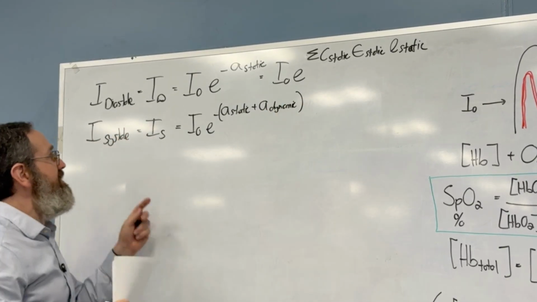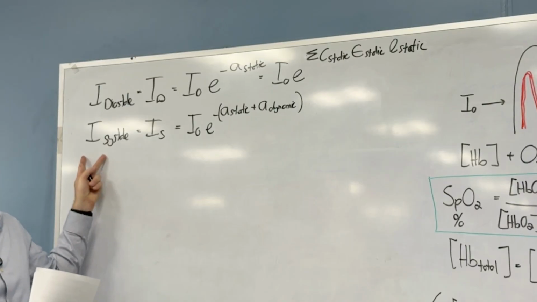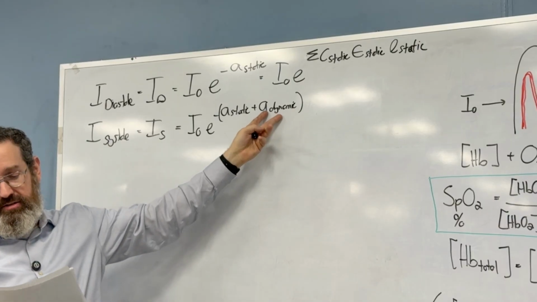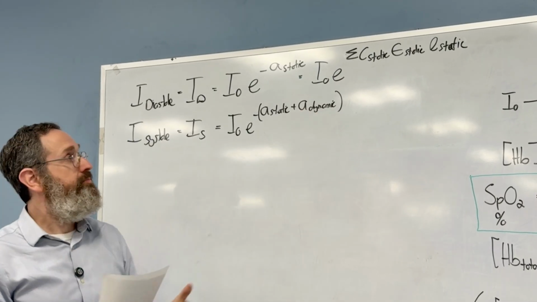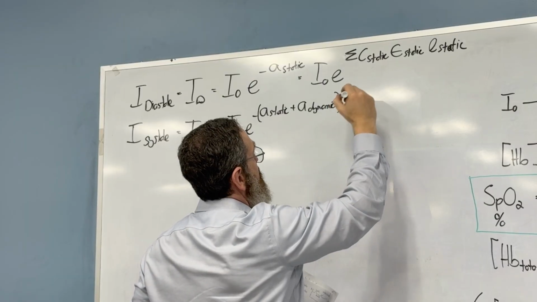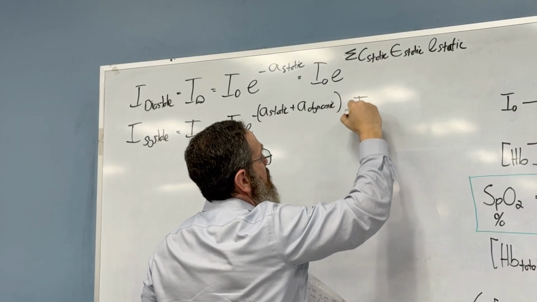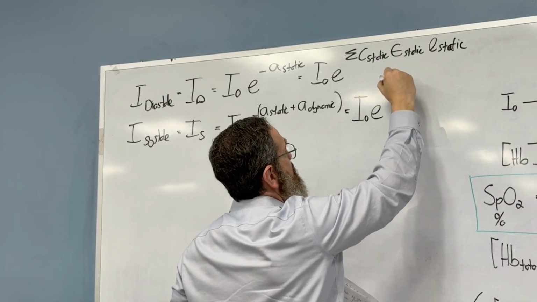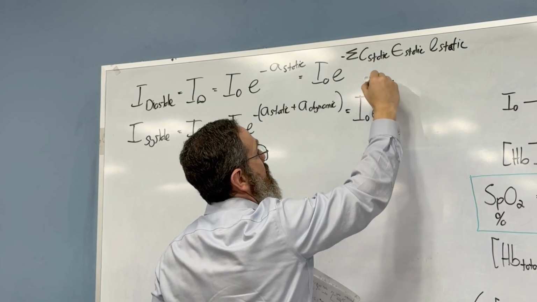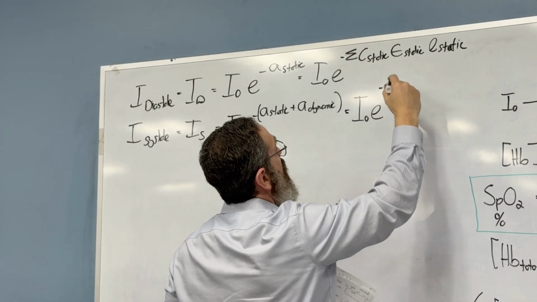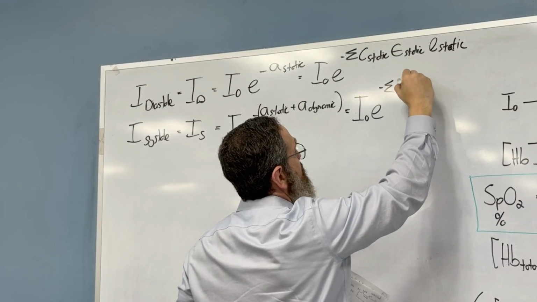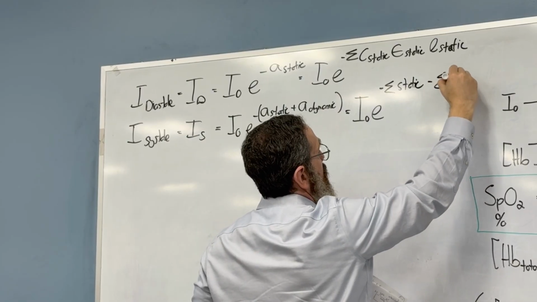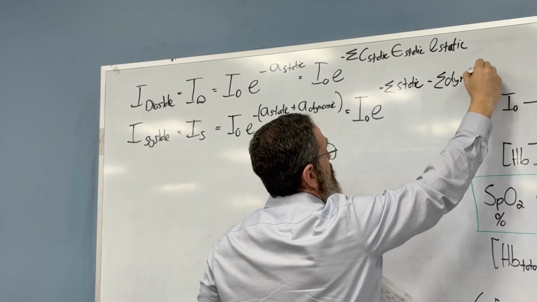What am I saying? I'm saying that the light that I get through here is going to be reduced by all the stuff that was there before, plus the additional thing, which is blood, right? And I could just rewrite that as I sub 0 e to the minus the sum of all the static things and the sum of all the dynamic things.